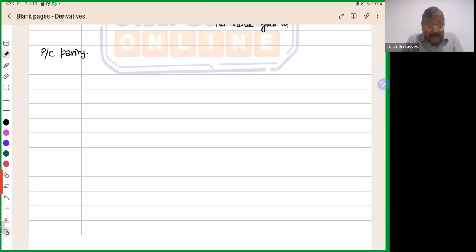See, put call parity seeks to establish a relationship between the option prices and the stock prices. Here we saw that when the stock price moves, the call price also moves, and the put price also moves. Okay, so that means there is some relationship between the stock price, the call price, and the put price. This relationship is what we call put call parity.